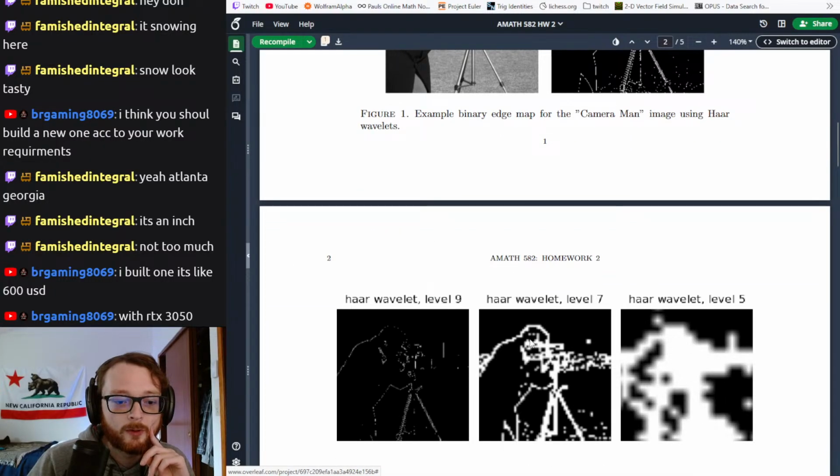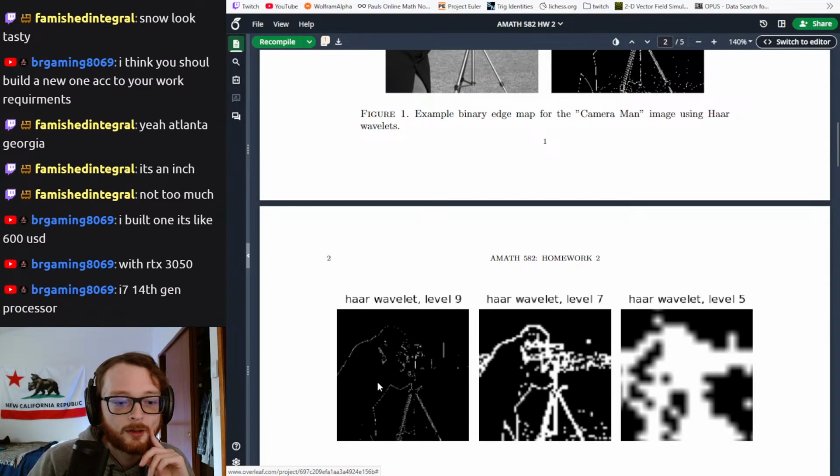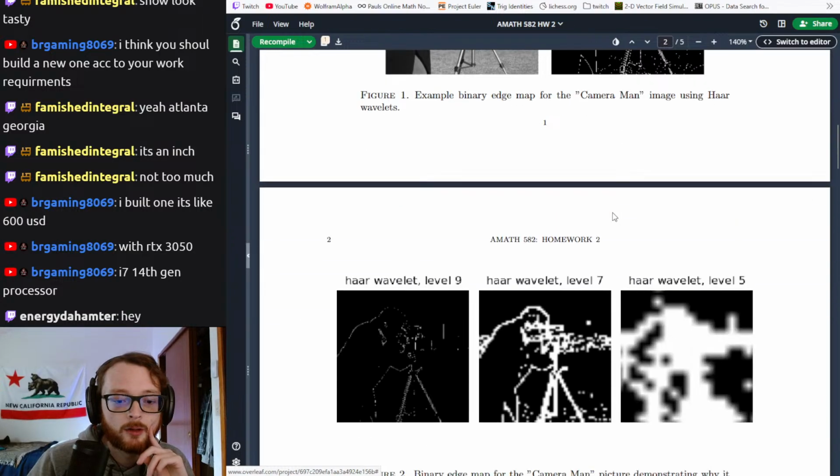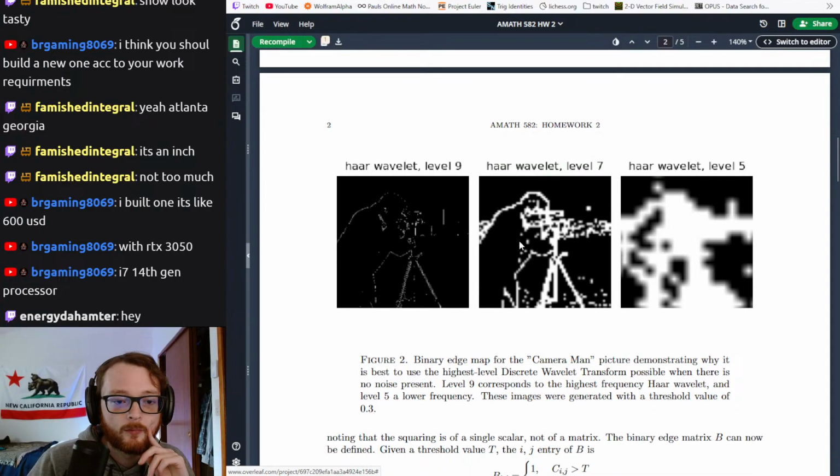Alright, so I guess what I was doing down here... Why does this image come out like crap here? I don't know. Hey, Energy. There's many different frequencies that the wavelet transform gives you. And for edge detection, you pretty much always want to use the finest one, for two main reasons.